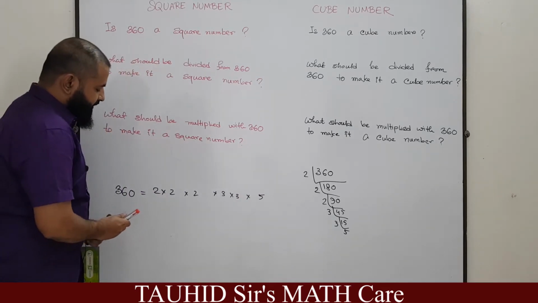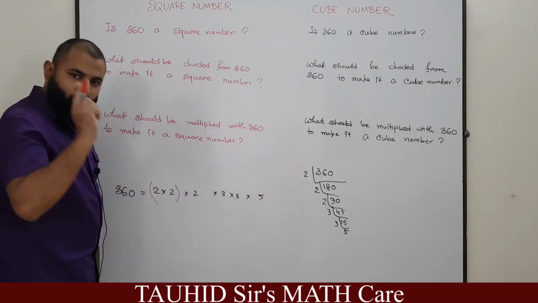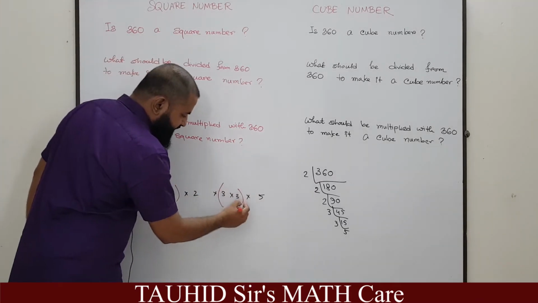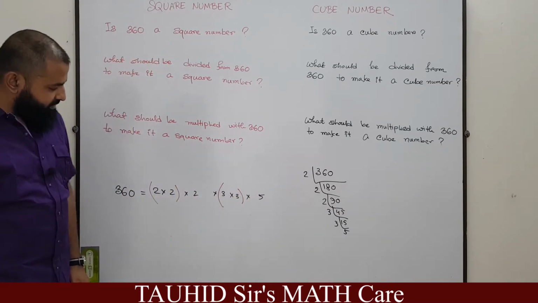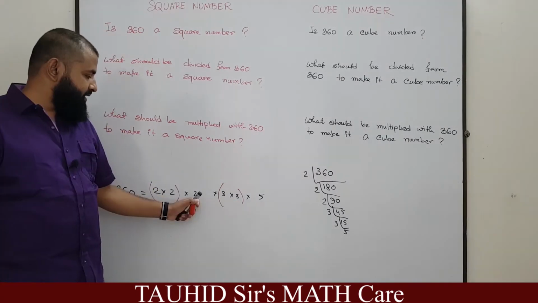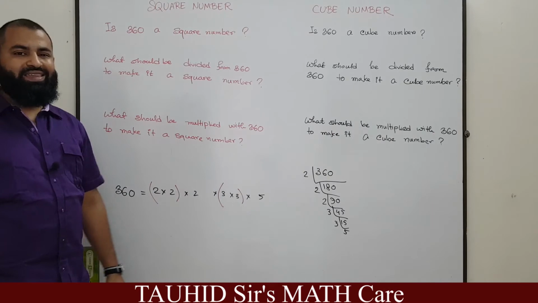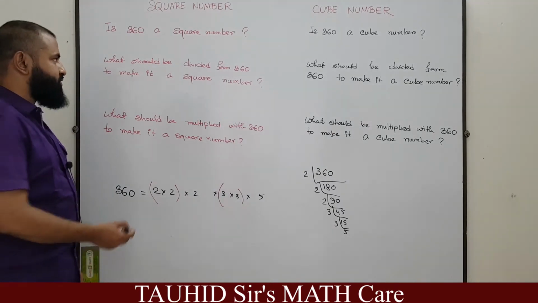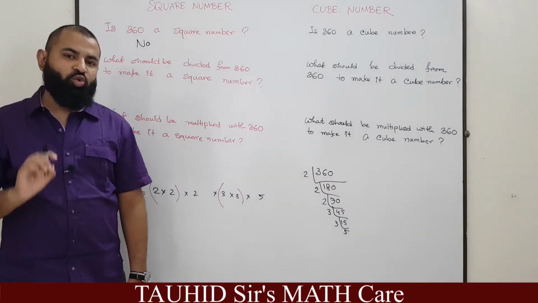We can see here that these two 2's are paired, this 2 is unpaired, only one. These 3's are paired, this 5 is unpaired. So two 2's are paired, two 3's are paired, and this 2 and this 5 are unpaired. So we can say that this is not a square number. So the answer is no. 360 is not a square number.